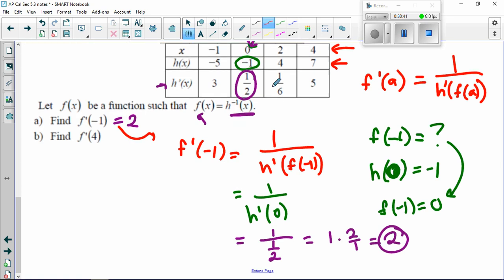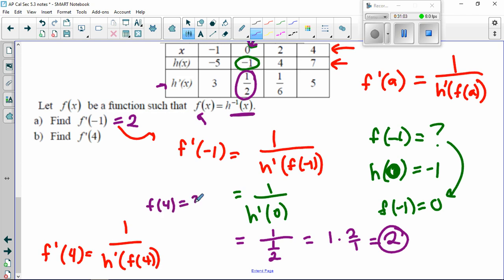So to solve this one, if we want f prime of 4 this time, well then that's going to be 1 over h prime of f of 4. Well, we need f of 4 equals what?